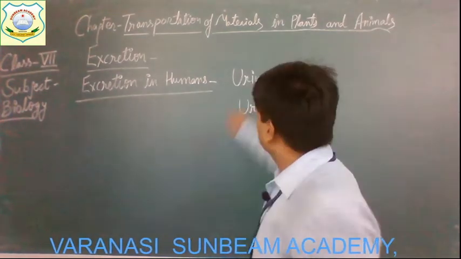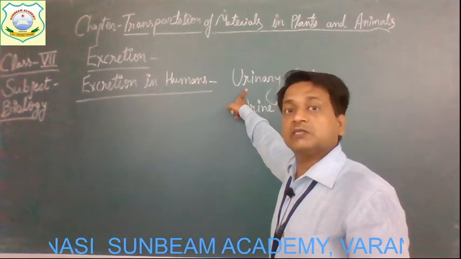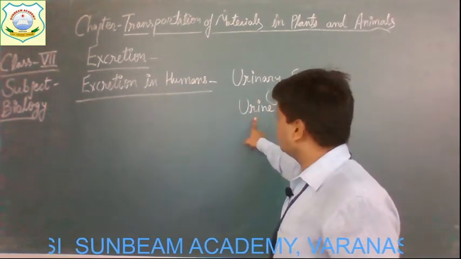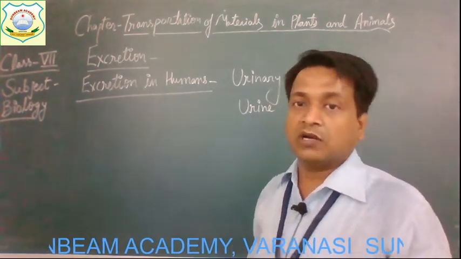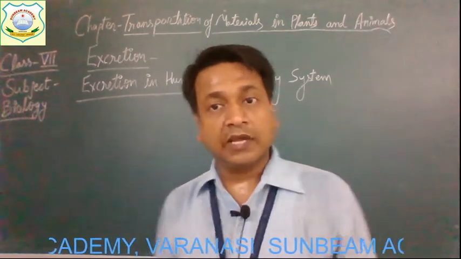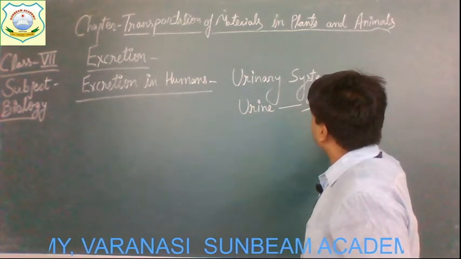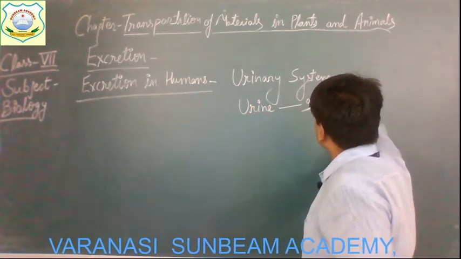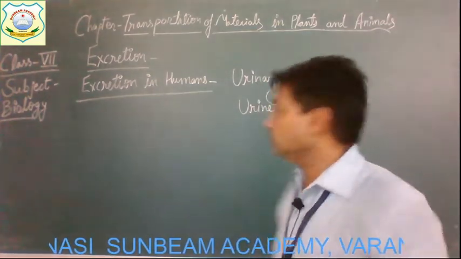Okay children, so the urinary system is the system of the body responsible for excretion, and urine is that liquid waste which is removed from the body. This urine consists of about 95% water. So the constituents of urine are 95% water and 2.5% urea.